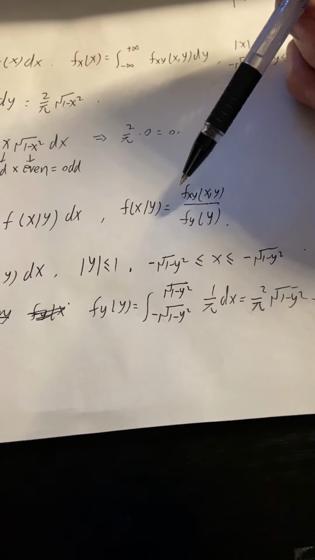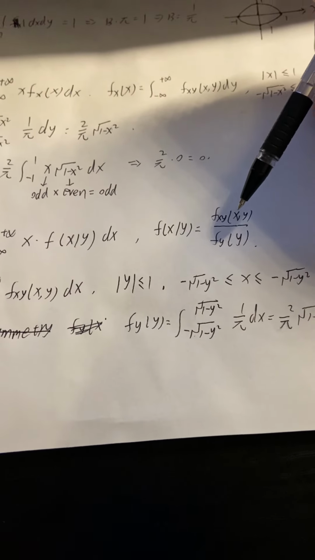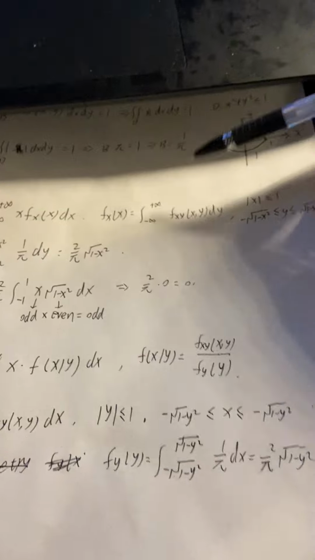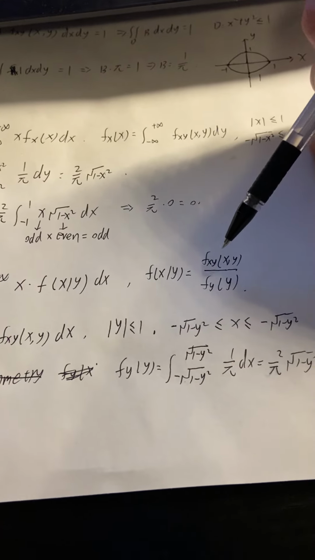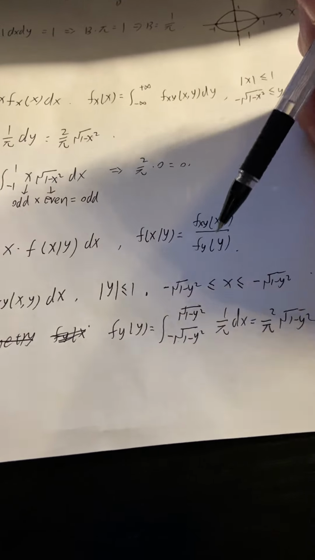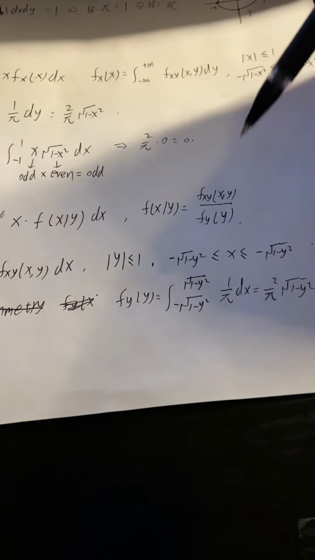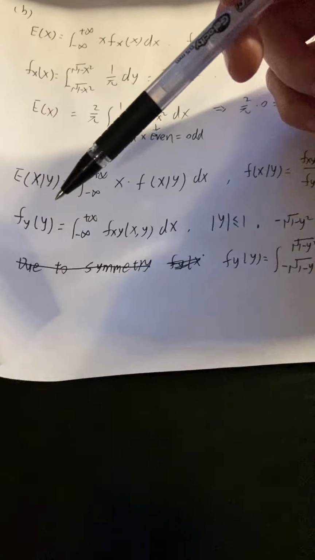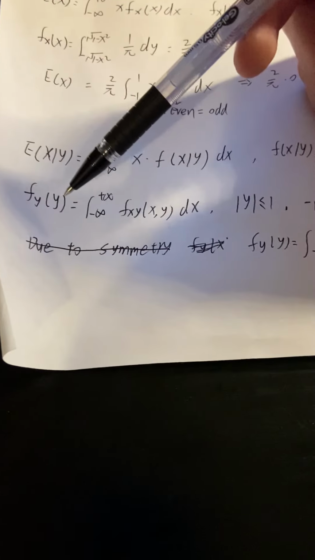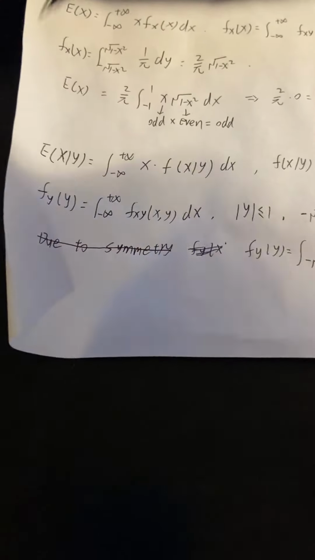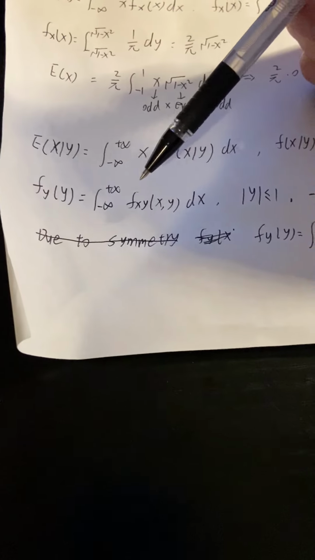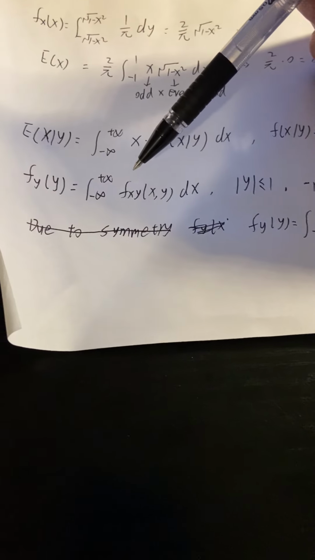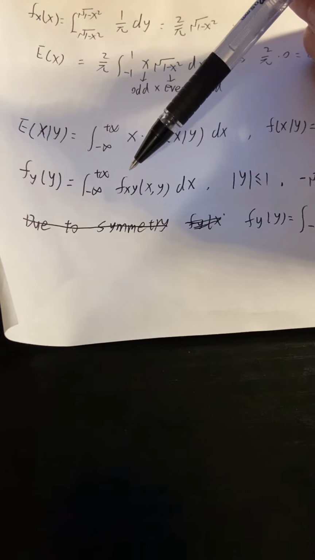The numerator is 1 over pi, and we don't know the density function of y, so we need to calculate it first. The density function of y is the integral of f_XY of x and y dx.